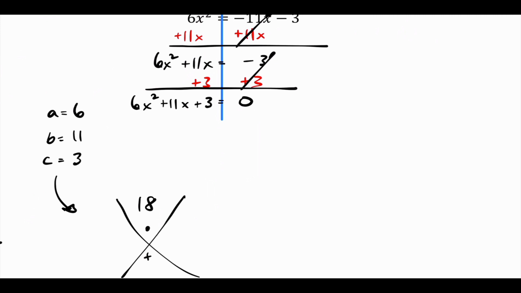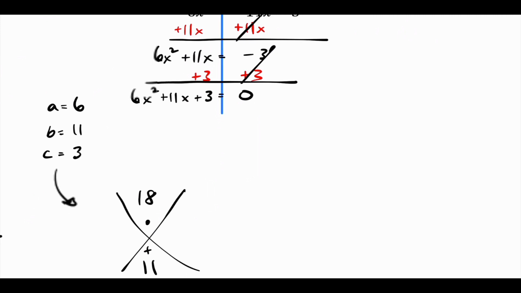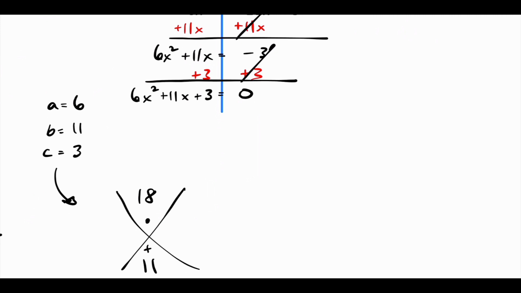So 3 times 6 is 18, and B is positive 11. So what are the two numbers that multiply to be 18 but add up to be 11? 9 and 2.